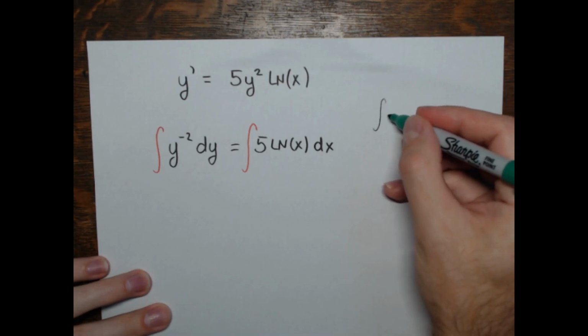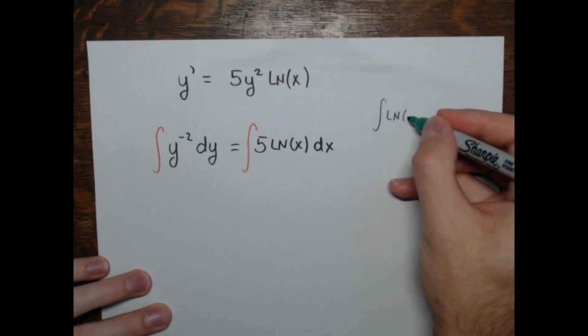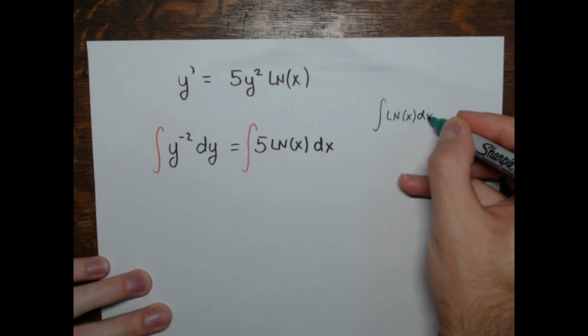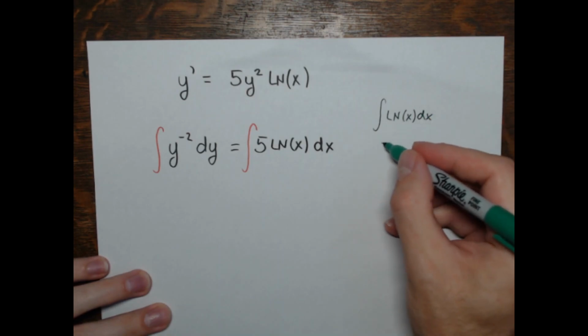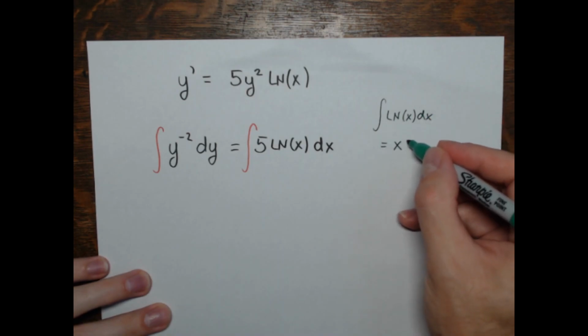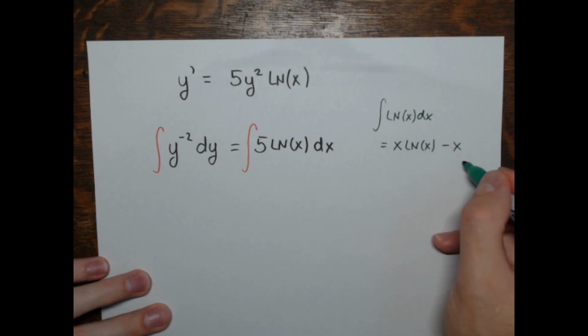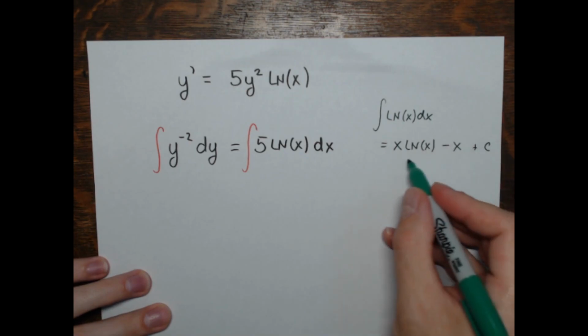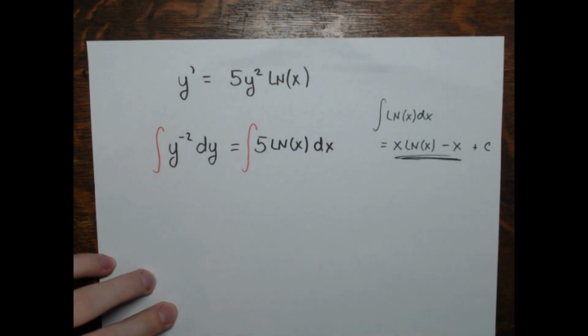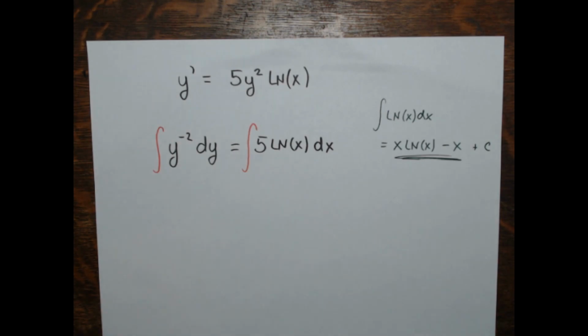So you've seen this several times. So you could do this integral of the natural log of x function by parts, but this ends up being x times the natural log of x minus x, plus some constant. This is something I remember, and I'm going to use it.